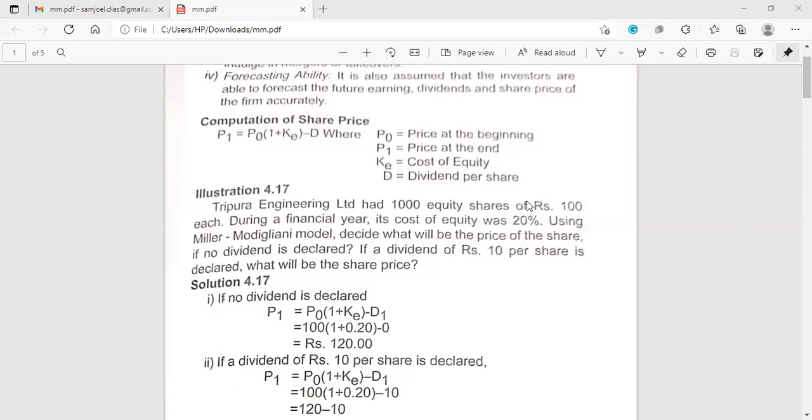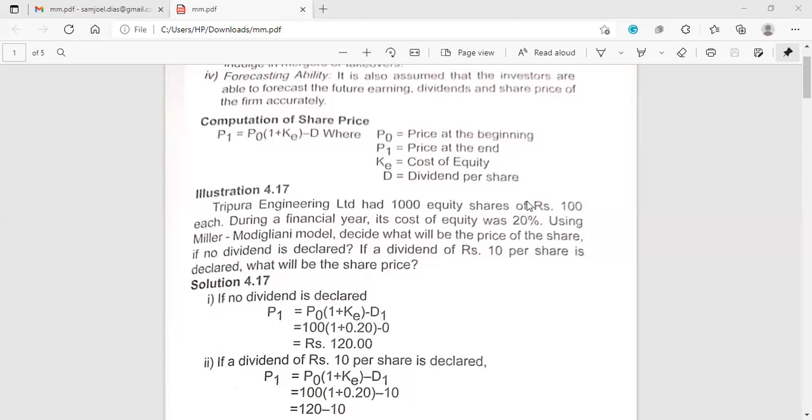The second assumption is non-existence of taxes. The presence of taxes could work in an adverse way, maybe in the case of capital gains. Whenever shares are sold in the market after long term investment, capital gain arises, and the tax on capital gains will have an adverse impact.